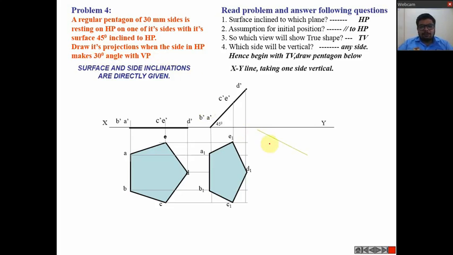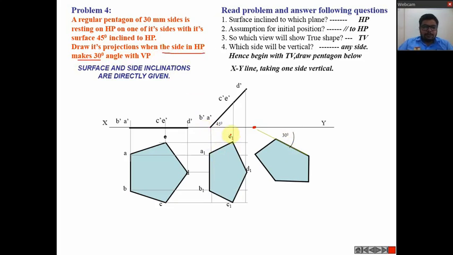Then we will mark one random point from where we will draw a line at 30 degrees. Now this bottom side is on HP, still on HP even though we have given 45 degrees with HP. And that side is making an angle of 30 degrees.